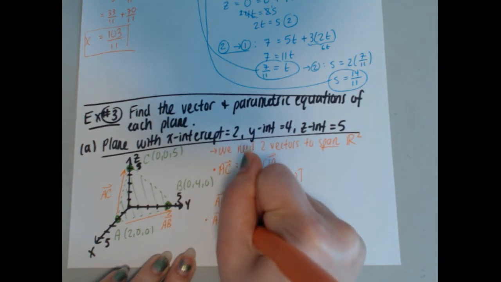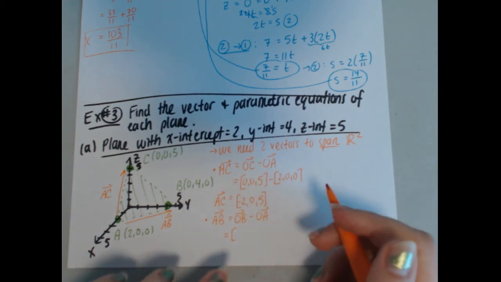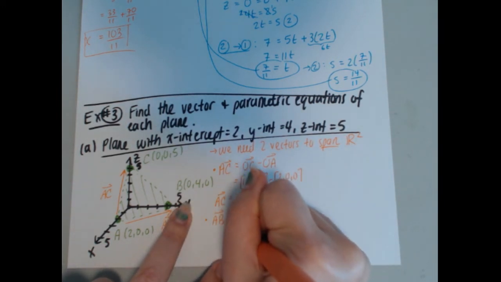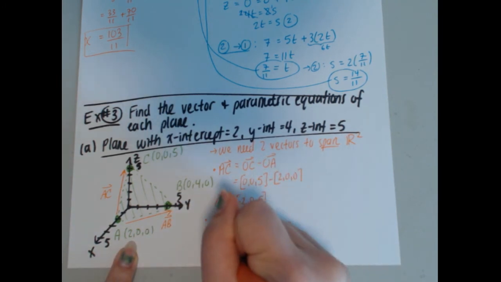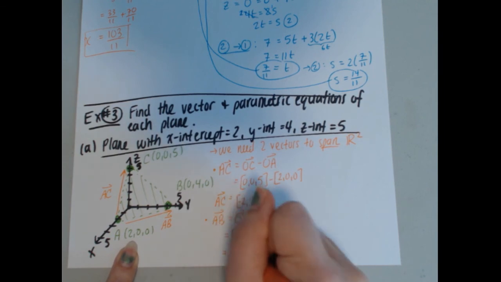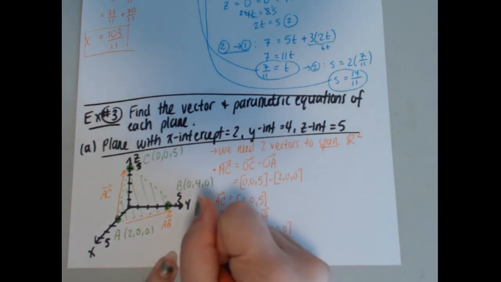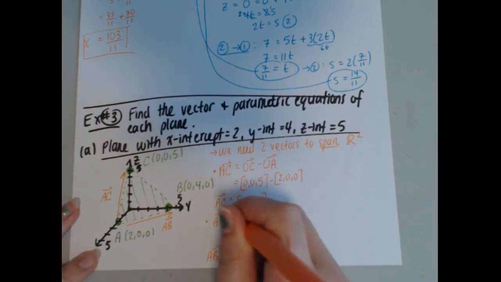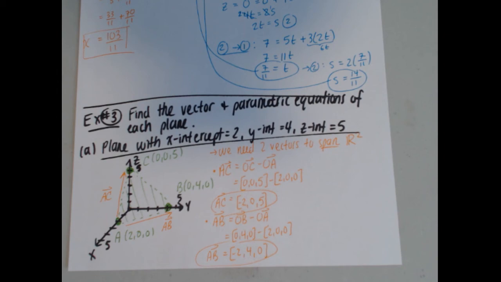That's OB minus OA. OB is (0, 4, 0) minus OA, (2, 0, 0). 0 minus 2 is negative 2, 4 minus 0 is 4, and 0 minus 0 is 0. So there's AB and there's AC. We have two vectors that are not parallel and they span the two-dimensional space.